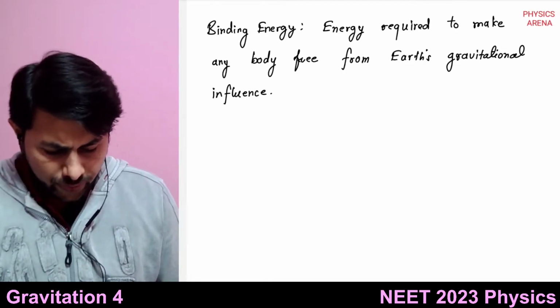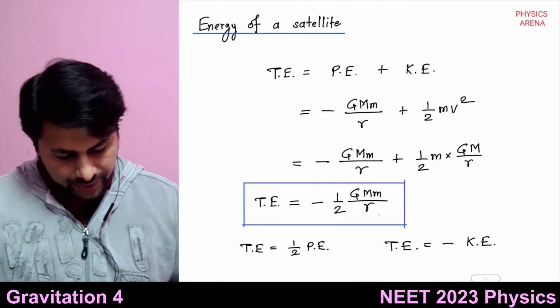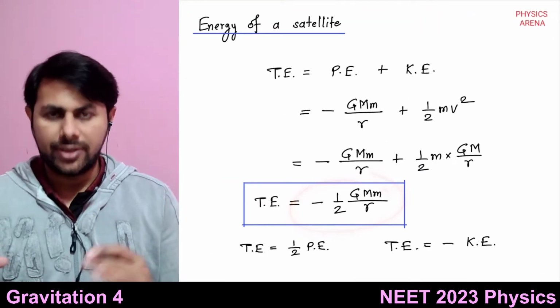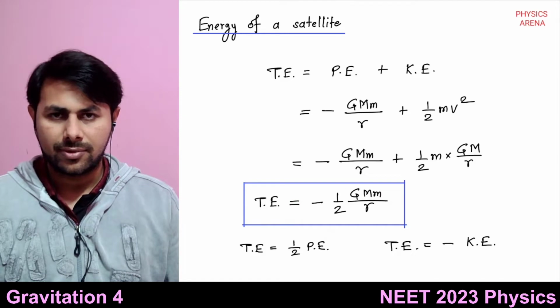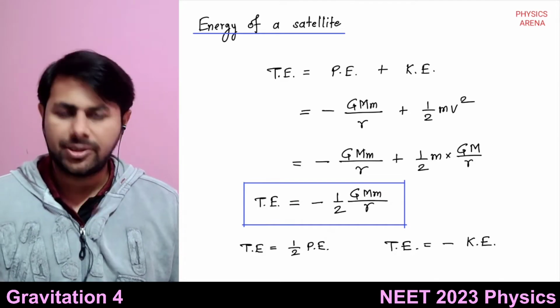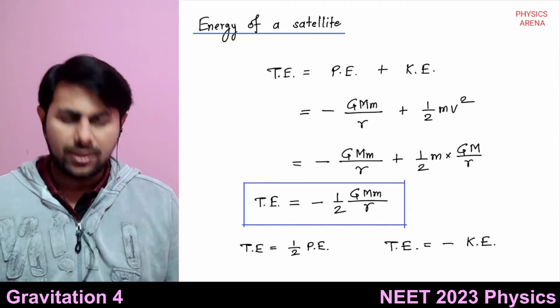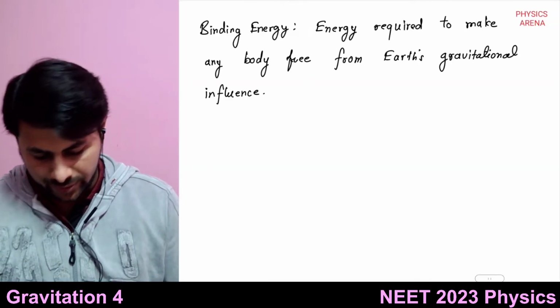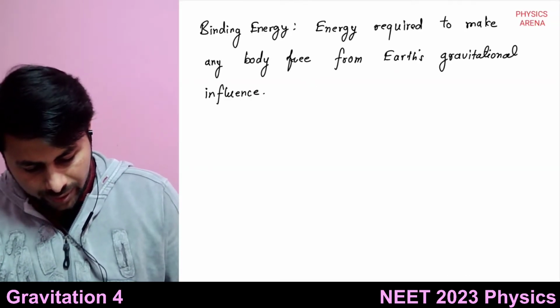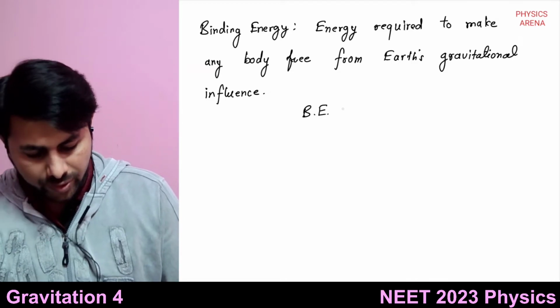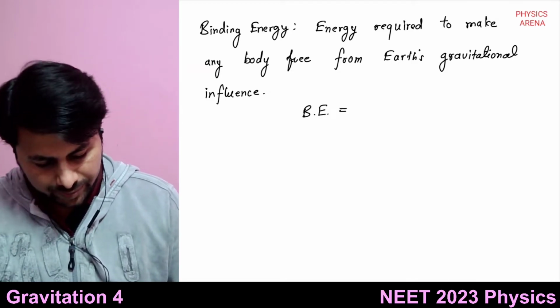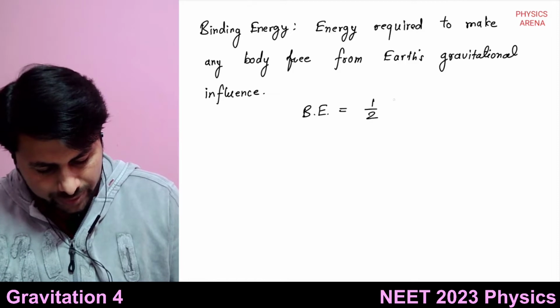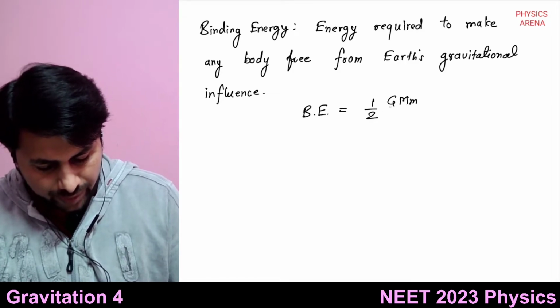Okay. So for a revolving satellite, it's clear that if we give this much energy, that is half of GMm upon r, then the satellite will become free from Earth's gravitational influence, right? So the binding energy for a revolving satellite is half of GMm upon r.